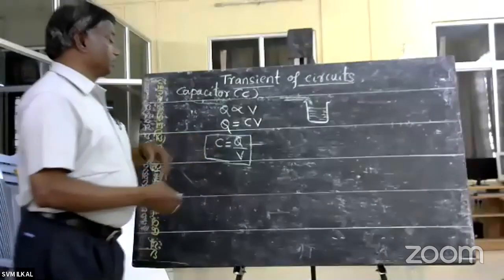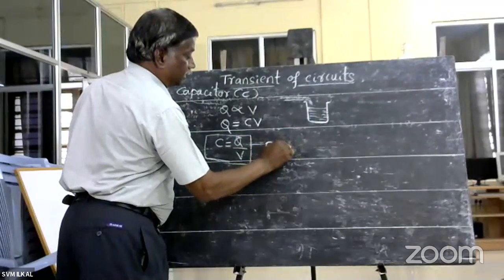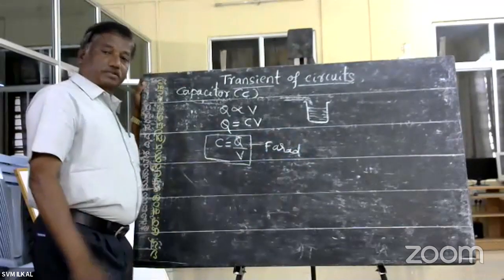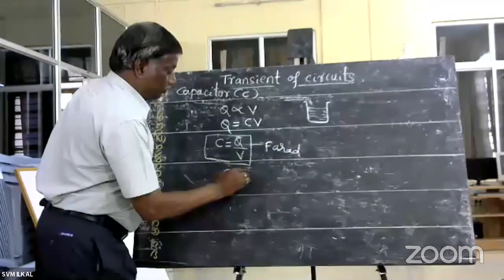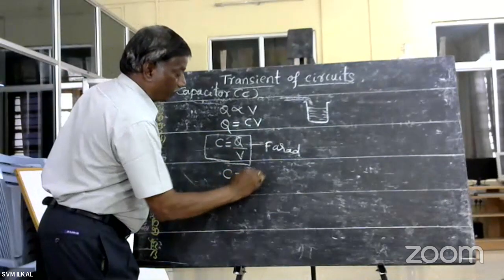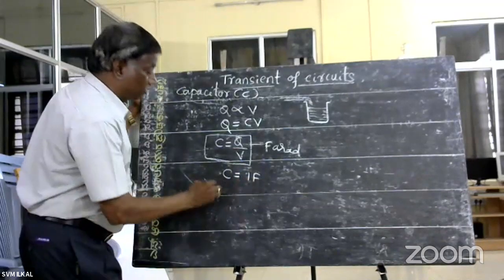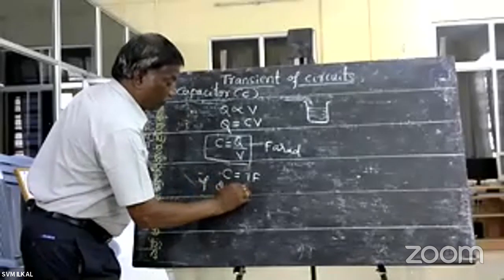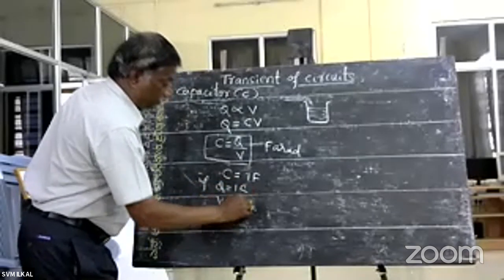Okay. Usually, capacity of the capacitor is measured in farad. This is the SI unit of capacity of the capacitor. Then, how do you define C equal to 1 farad? C equal to 1 farad when Q equal to 1 coulomb and V is equal to 1 volt. Simple.